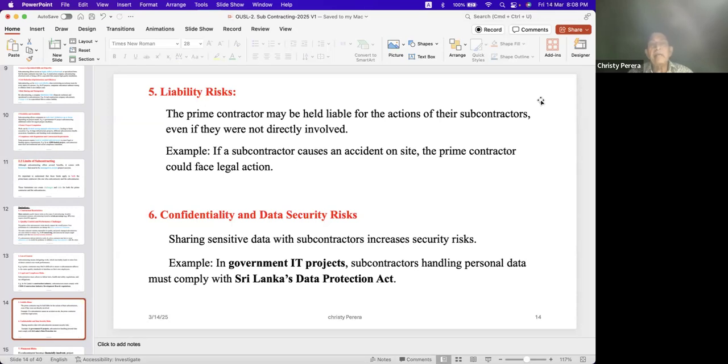The prime contractor may be held liable for the actions of their subcontractors, even if they were not directly involved. For example, if a subcontractor causes an accident on site, the prime contractor could face legal action.